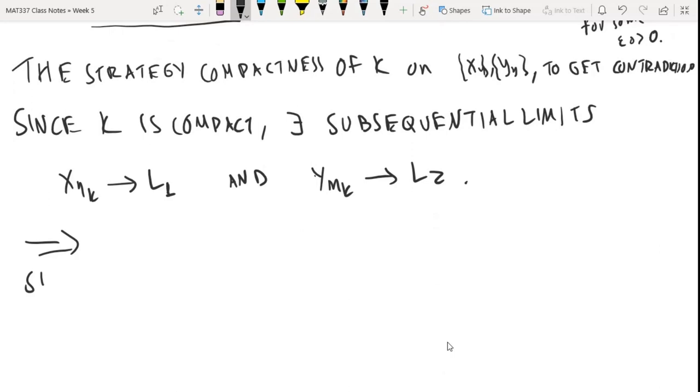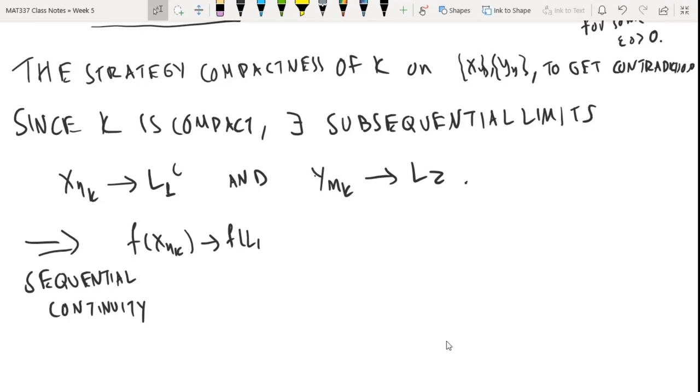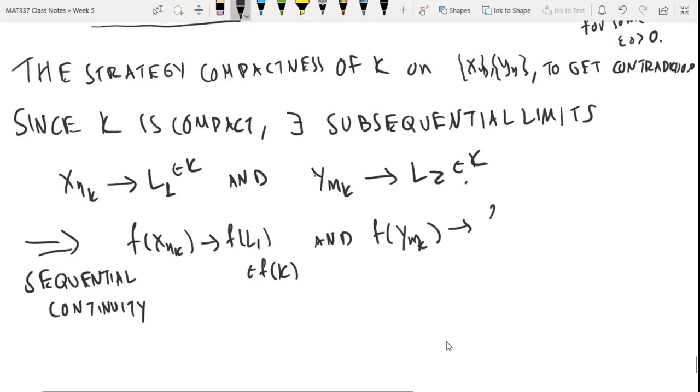So by sequential continuity, f of x_{n_k} goes to f of L1, and f of y_{n_k} goes to f of L2 in that k.